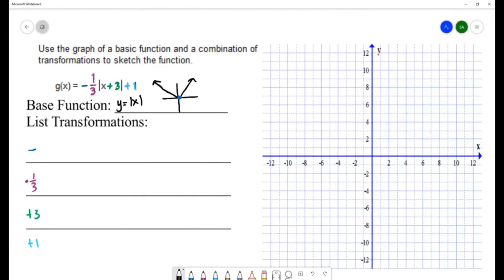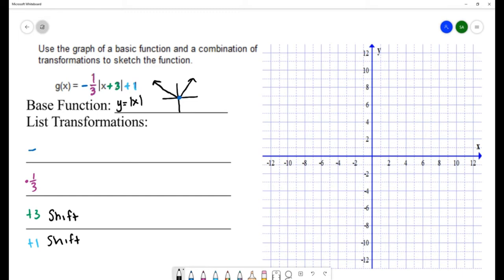When we're looking at these operations, there are 3 different operation categories that we're looking for. Adding and subtracting is in one group, and adding and subtracting indicates that we have a shift. So both the plus 3 and the plus 1 are going to be shifts in the graph.